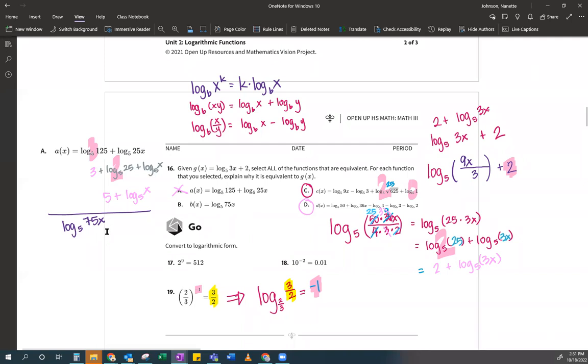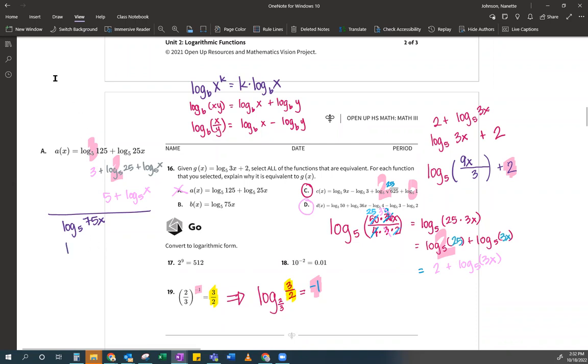So it says log base 5 of 25 times 3x. I separated my 75 into 25 times 3 because that's what 75 is. And then I just kept that 3 with the x.